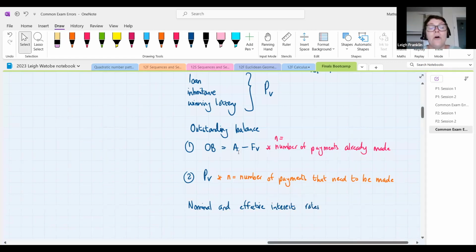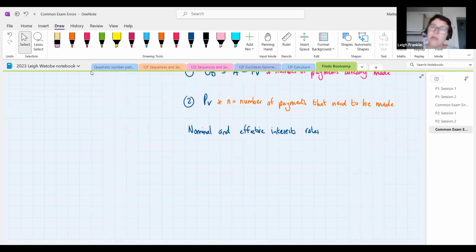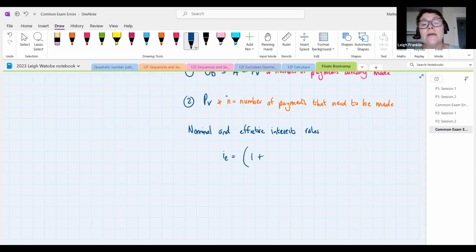They will usually give you a nominal rate and ask you to make it an effective rate. The formula here, and this is not on your formula sheet, is that the effective interest rate is 1 plus the nominal rate divided by m, to the power of m, minus 1. Does that ring a bell?